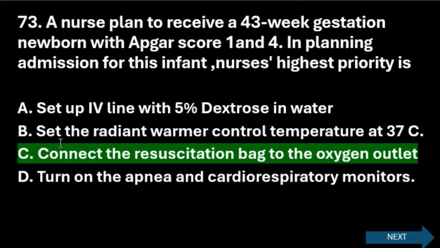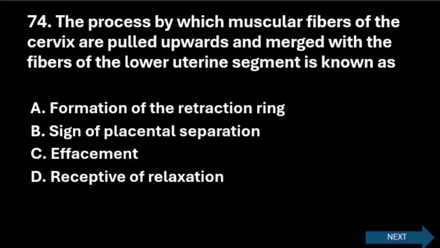Next question. The process by which muscular fibers of the cervix are pulled upwards and merged with the fibers of the lower uterine segment is known as: option A, formation of the retraction ring; option B, sign of placental separation; option C, effacement; option D, receptive relaxation.